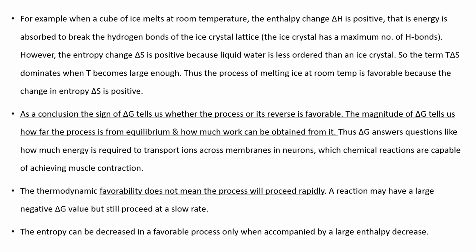The thermodynamic favorability does not mean that the process will proceed rapidly. A reaction may have a large negative delta G, but still proceed at a slower rate. The entropy can be decreased in a favorable process only when accompanied by a large enthalpy decrease.